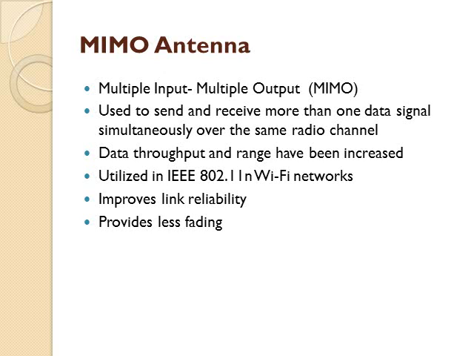MIMO antenna stands for multiple input, multiple output antenna. It refers to antennas that are used to send and receive more than one data signal simultaneously over the same radio channel by exploiting multipath propagation. As a result of MIMO, data throughput and range have been greatly increased.